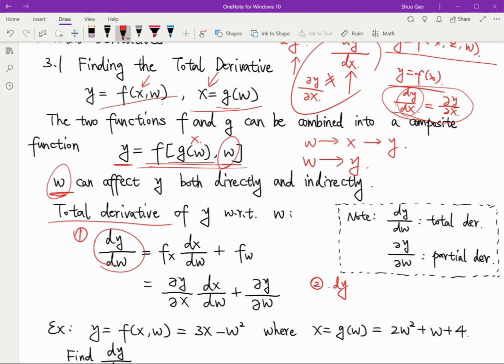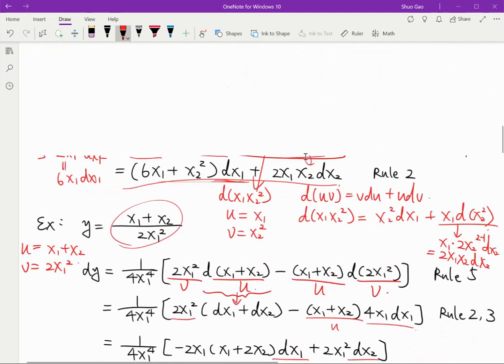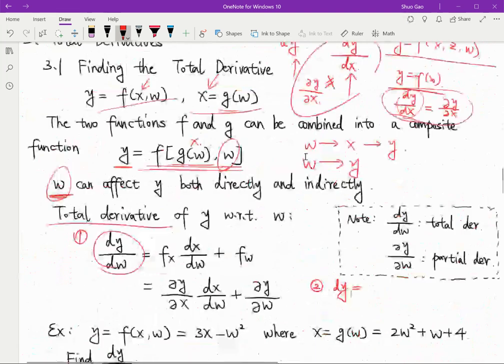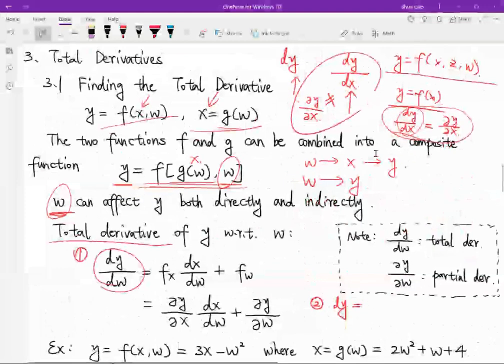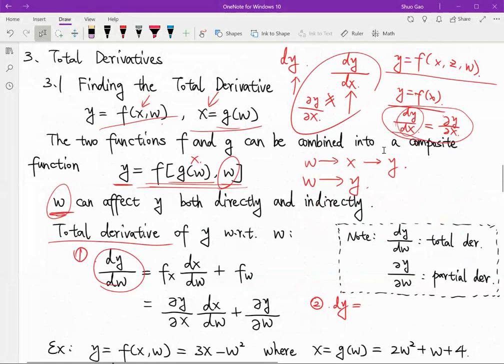The second way is to first write down the total differential function, right? Remember the total differential function? It should be, so y is a function of x and w. So this should be dy equals fx dx plus fw dw.